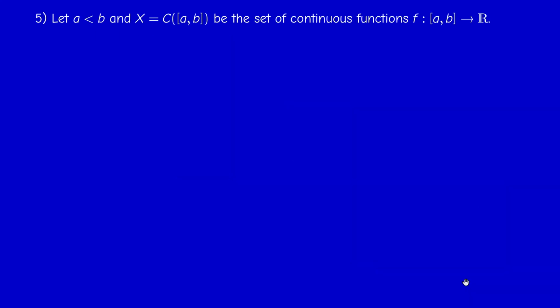Fifth example, less trivial. I consider the set of all continuous functions defined on an interval [a,b] of real numbers. So it's a function from an interval of R into R. Okay, and I assume that these functions are continuous.